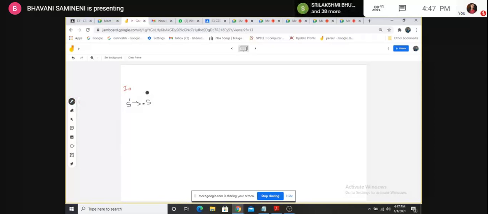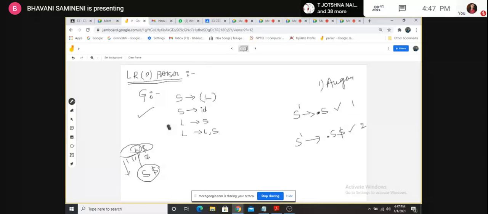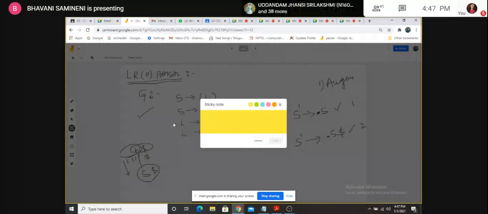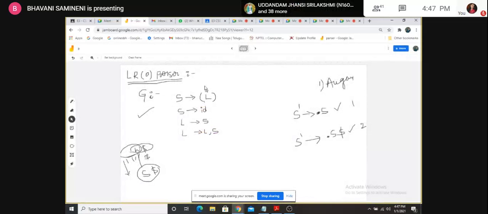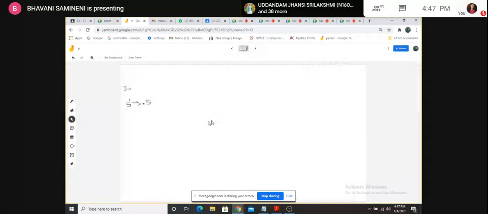In this newly introduced production, after dot we are having S, right? So now I have to add the S productions. What are the S productions here? These two are the S productions, right? So I'll add the S productions here: S derives (L) and S derives id.